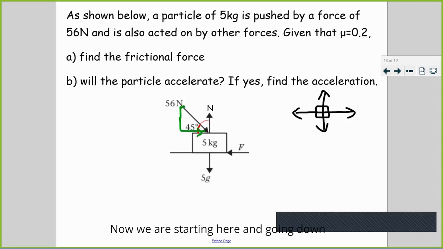Now we are starting here and going down there. So we will go down vertically and then right to the end point. So these will be our two directions.